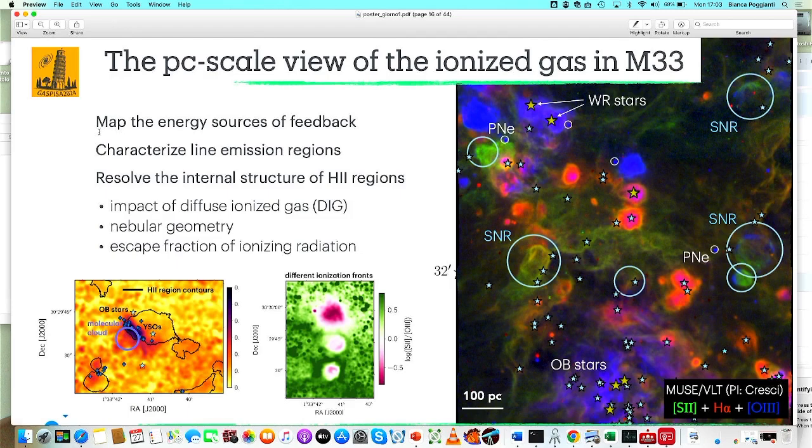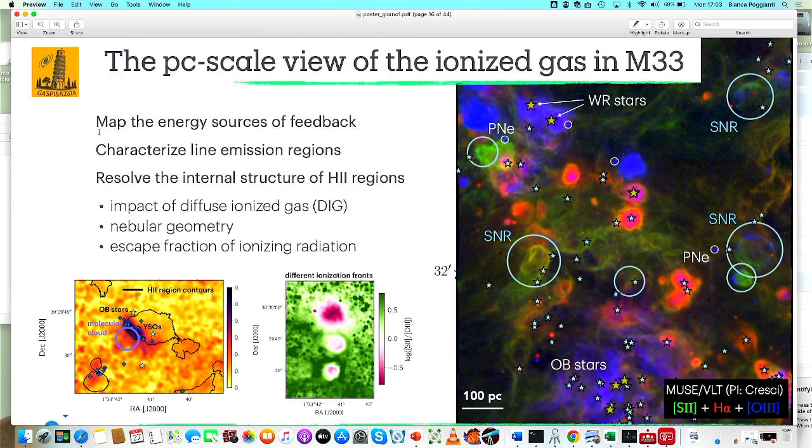We can characterize these energy sources as well as the physical conditions of the ionized gas of HII regions. But most importantly, we can resolve the internal structure of HII regions with a very high resolution. So we can study the impact of the diffuse ionized gas on the integrated spectra of these HII regions. We can study their nebular geometry as well as the escape fraction of ionizing radiation.